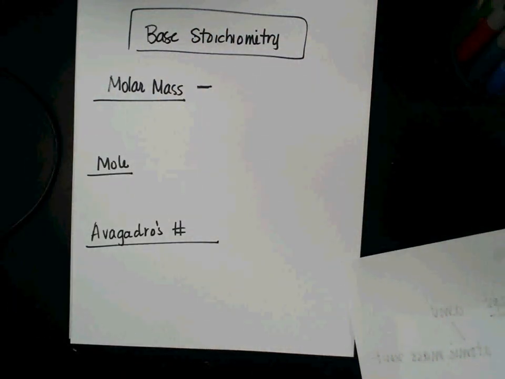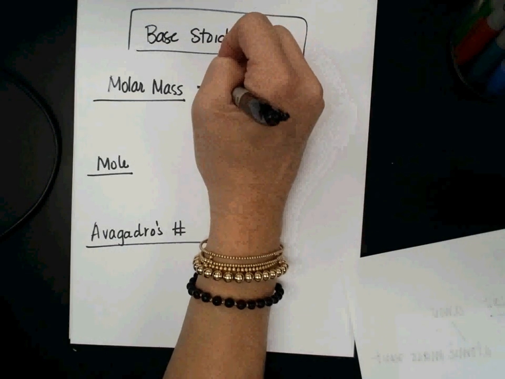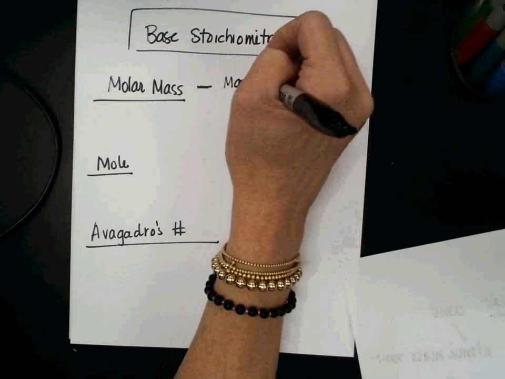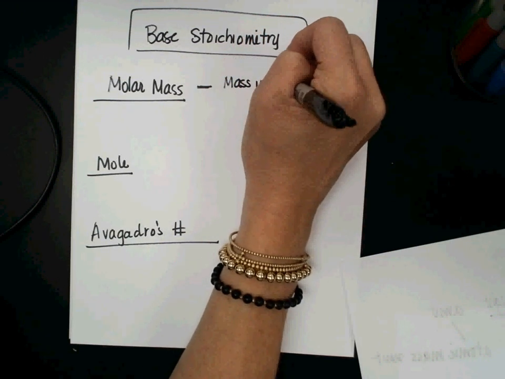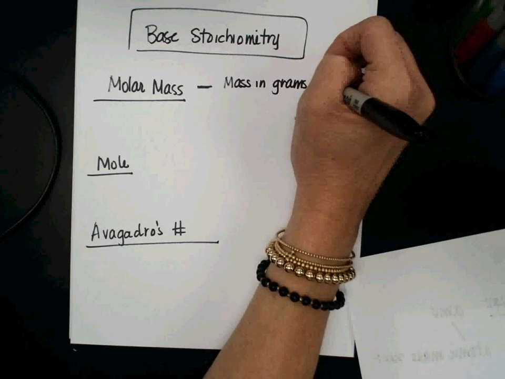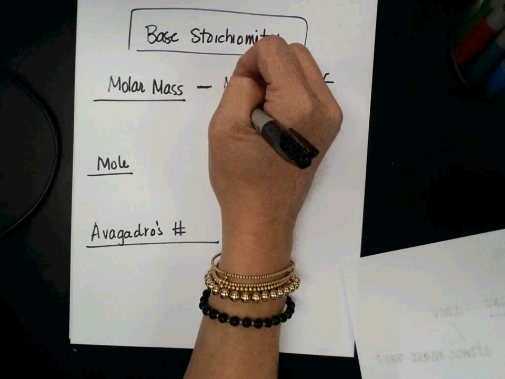Okay, raise your hand if you have a sentence written down about molar mass. Jacob, what do you have? The mass of one mole. The mass of 1 mole of a, do I have to say of a compound? I could say of a substance because it could be a compound, it could be an element, it could be a molecule. This is the mass in grams of 1 mole.